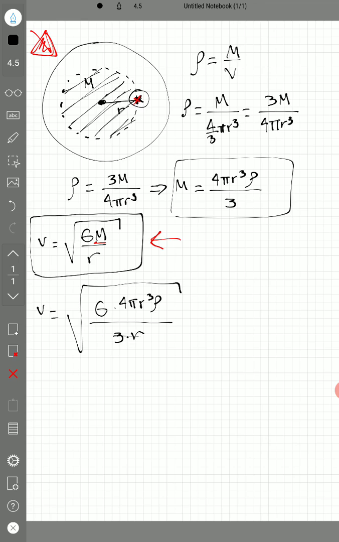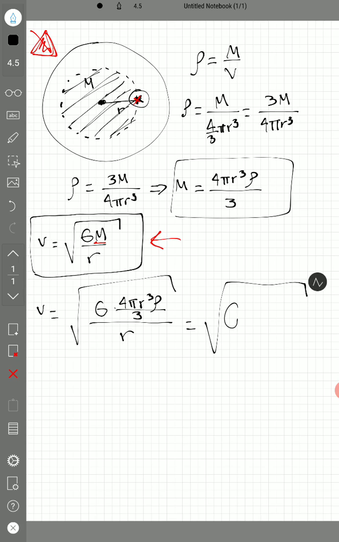Or well, you could have it just over 3 here and then over r here, but it's the same thing at the end of the day. So when you rearrange this, I'm just going to write the same thing that I had before: G 4 pi r cubed times density over 3r.